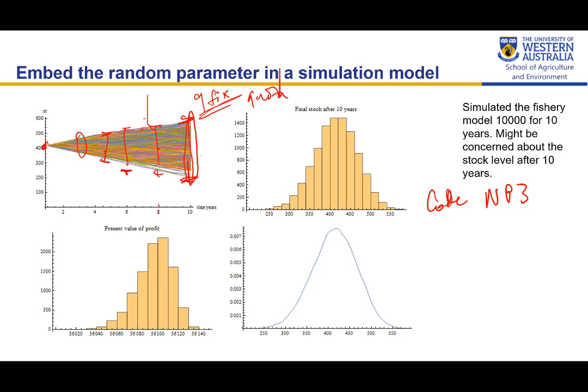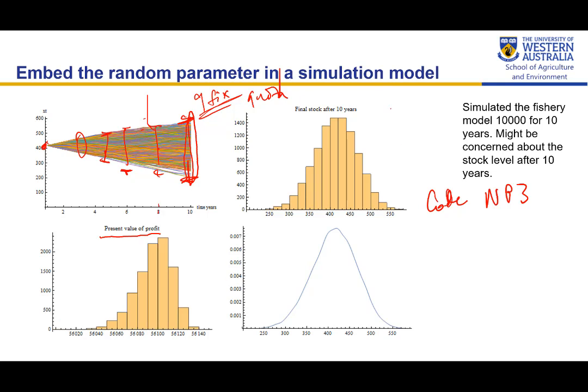So over a 10-year period, we can plot out the final distribution, and we can see that the distribution of stock has now approximated a normal distribution, despite the fact that the growth parameter was actually drawn from a uniform distribution. We can also look at the present value of profit to see how profitable the industry is, and that's interesting because actually the profit varies much less than the stock.